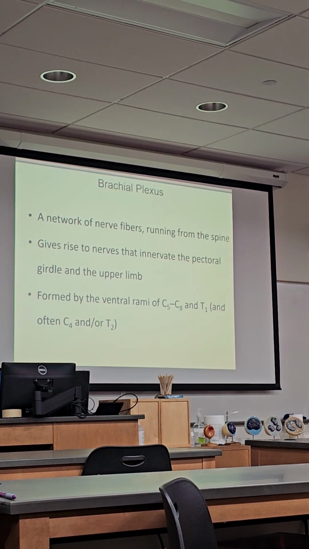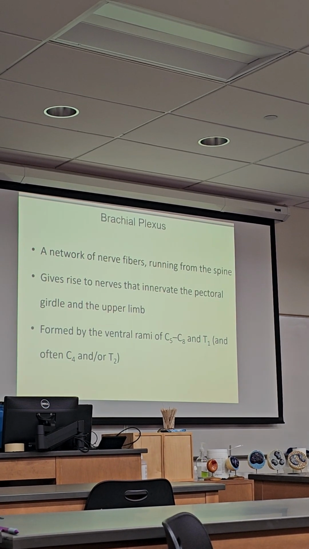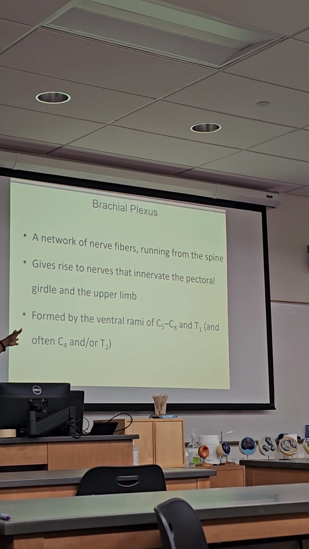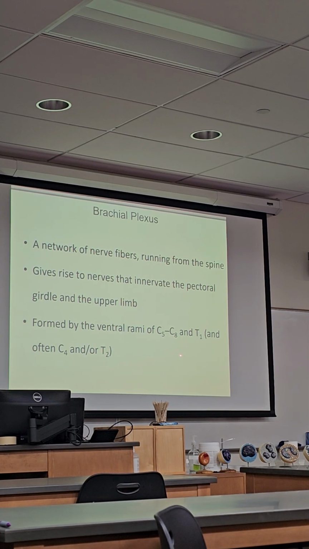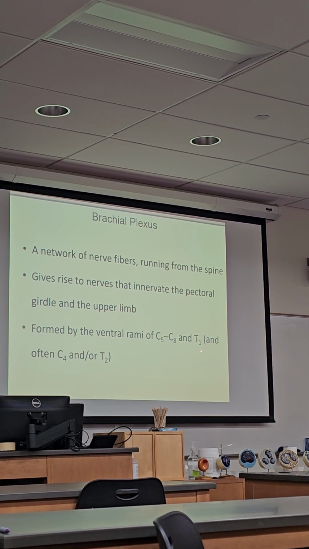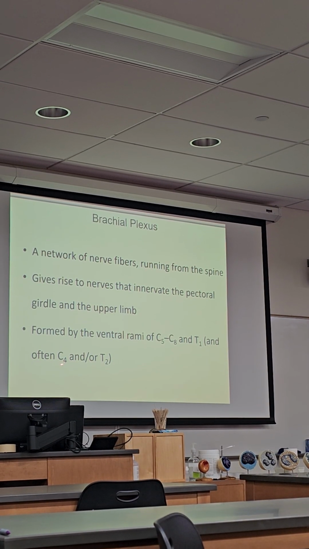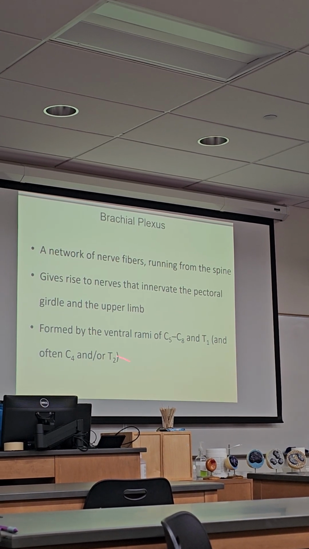Our brachial plexuses are formed by the ventral rami. Remember those spinal nerves split into a dorsal ramus and a ventral ramus. The ventral rami of spinal nerves C5 through C8, and T1. Some people have up to C4 and go all the way to C2, depending on the person.